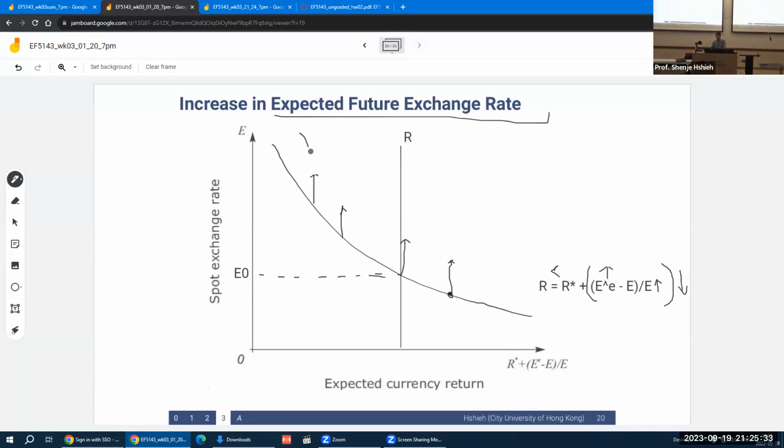Therefore, there's going to be a shift in the curve upwards. So this is R equals R star plus E hat E prime minus E over E. And the new equilibrium point is here.